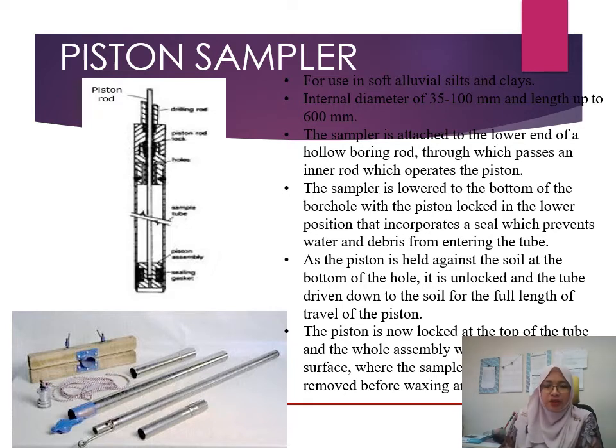In this slide, it explains the detailed procedure of how we connect the sampler with the boring rod, so you can read it by yourself. From this kind of sampler, we can also obtain less disturbed, undisturbed soil samples.